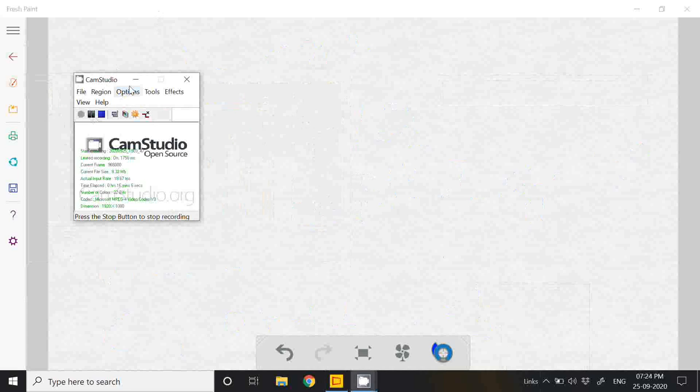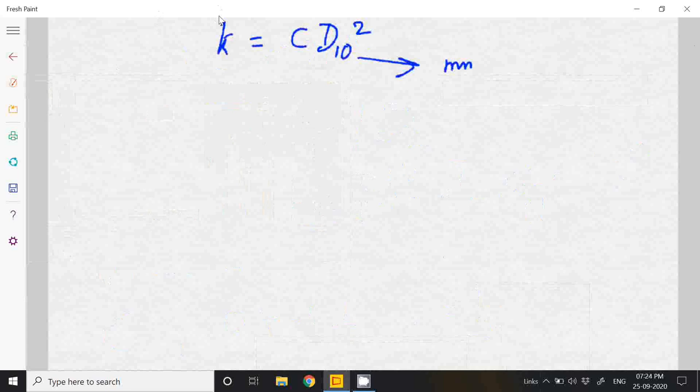Now let us discuss one more aspect of K is equal to C D10 square. In the equation that we have discussed just now, the unit of D10 was kept in mm, C was unitless and K was in centimeter per second.